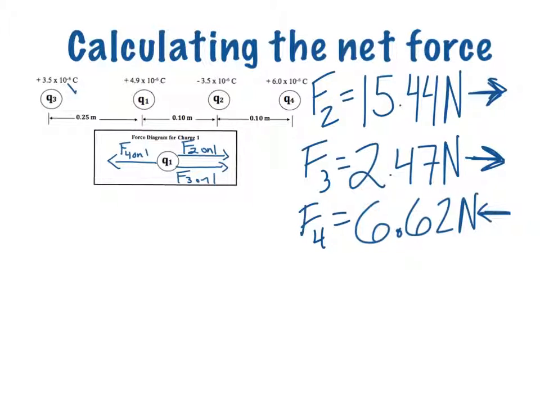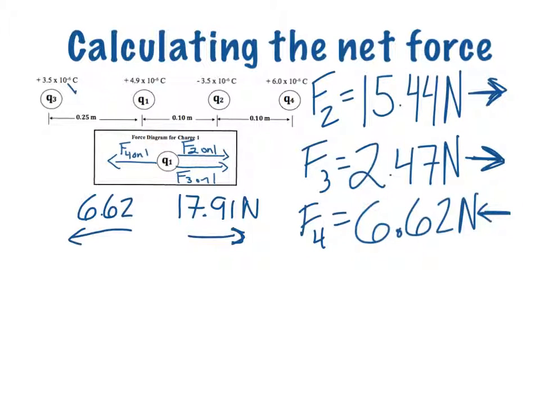So if I actually wanted to total that up, on this side I would have 17.91 newtons acting to the right, and I would have just 6.62 acting to the left.